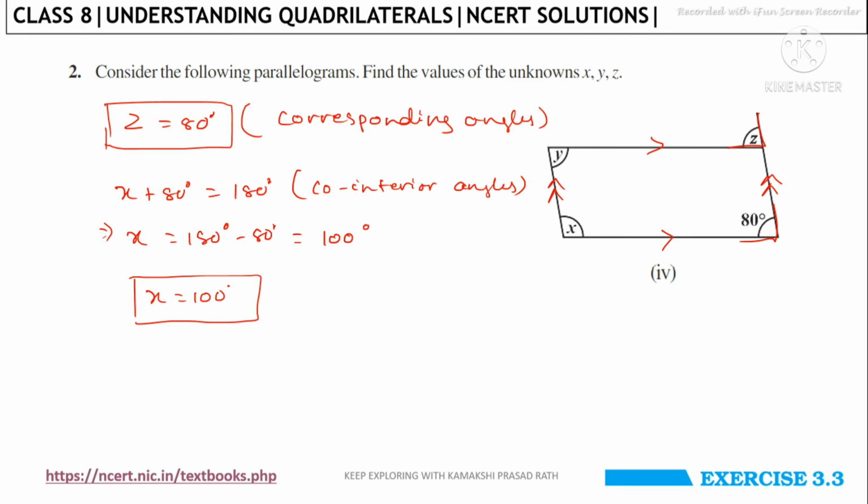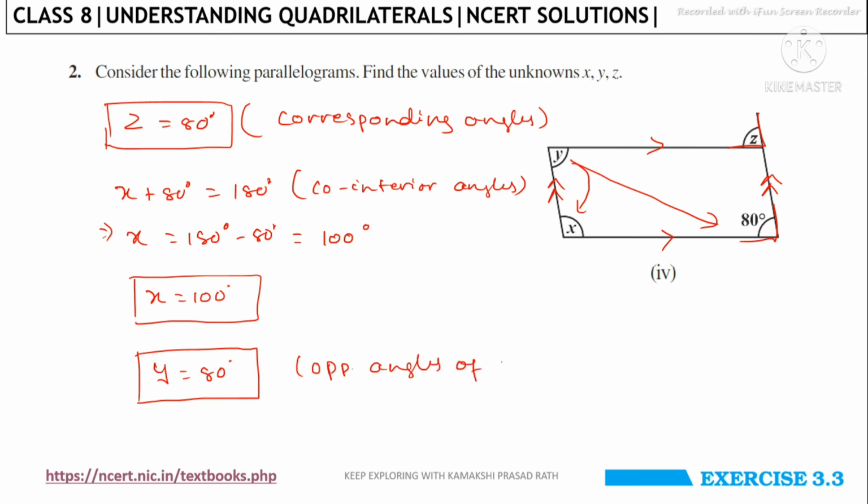The next one is Y. To find Y we can use X, or we can use 80 directly. If we use X, we write Y plus X is 180, again subtracting because they are co-interior. Or else directly we can say Y equals 80 degrees, as we can see from the figure, because they are opposite angles of a parallelogram.